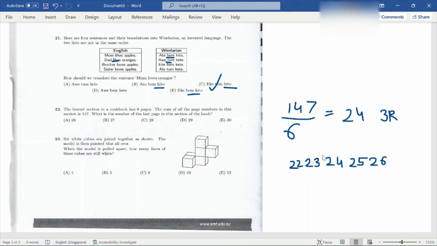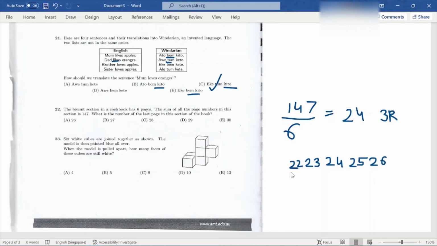That means the numbers would be 24 for all the 6 numbers with an extra 3, right? So when we do 25, it's definitely plus 1 of 24. Then we need to go back minus 1, so we can neutralize what we are adding. Then we move further to 26, which is plus 2. Then we go back to minus 2.